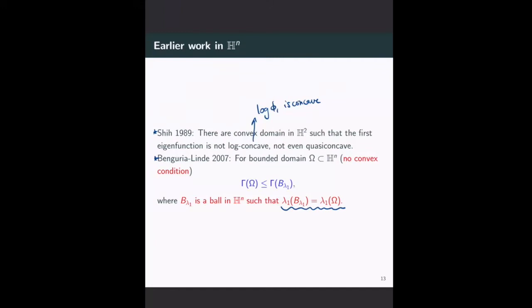Okay. So the first eigenvalue is the same. The fundamental gap of the ball being bigger than the fundamental gap of the domain means the second eigenvalue of the ball is bigger than the second eigenvalue of the domain. They did that using some rearrangement of space and points of the domain.